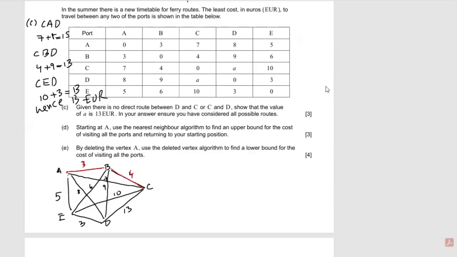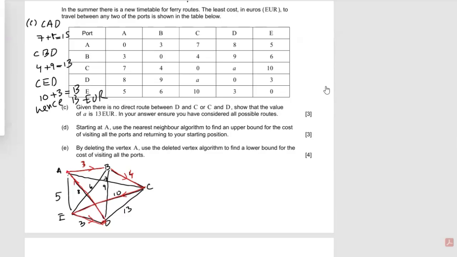And then we need to check where we should go from there. If I go from C to D, that's a 13, but C to E looks cheaper. So let's go over here. So that is my graph. And then obviously not back to the starting vertex because I need to visit this vertex as well. That is E to D is 3. And finally, I need to go directly from D to A.